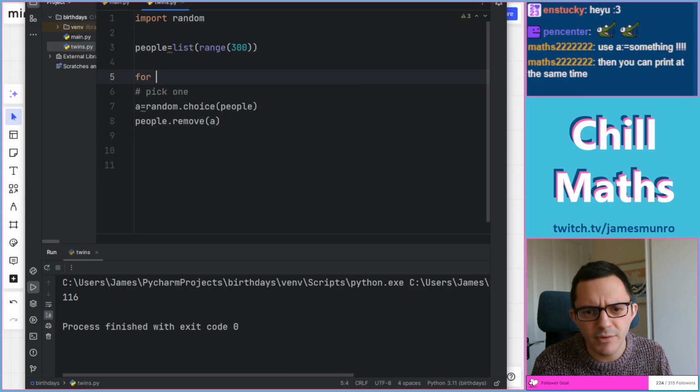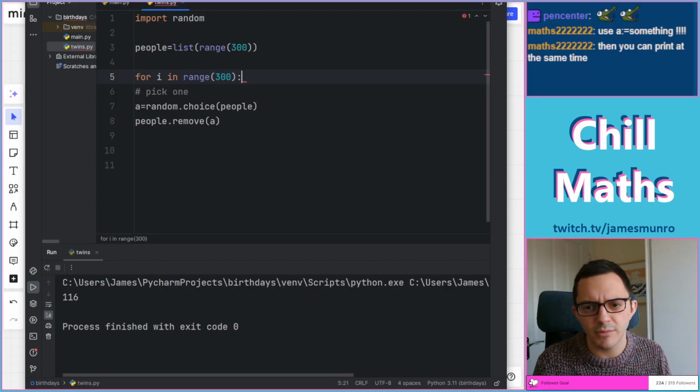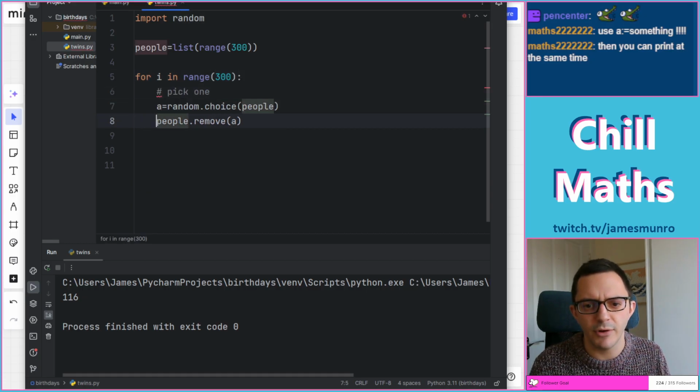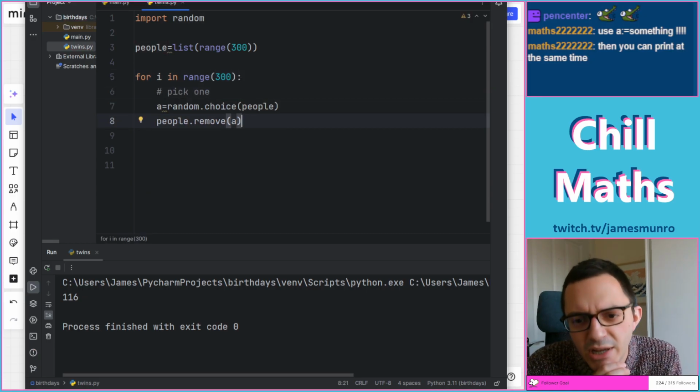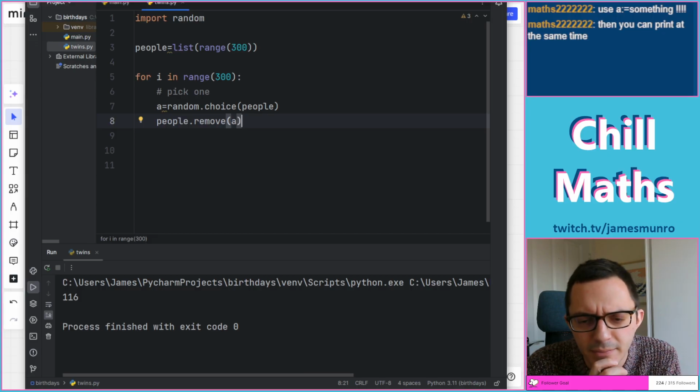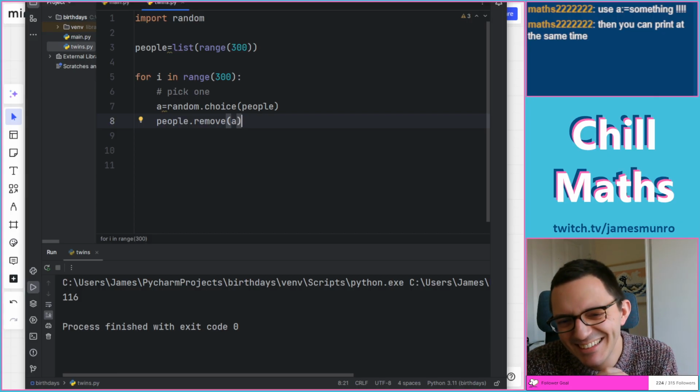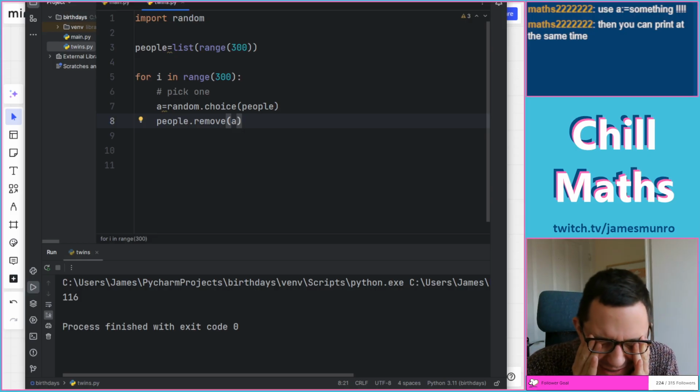Let's go for i in range 300. I'd like you to pick one of them, remove them from the list. This is maybe the stupidest code I've written today. Because now I'm probably going to do some sort of stupid pop them into a different list.